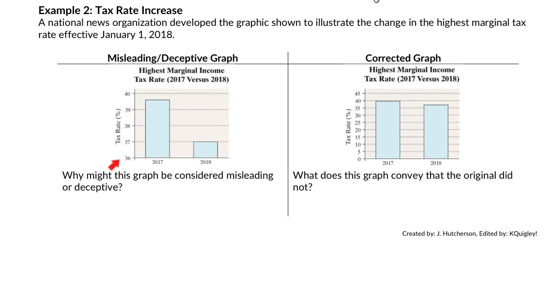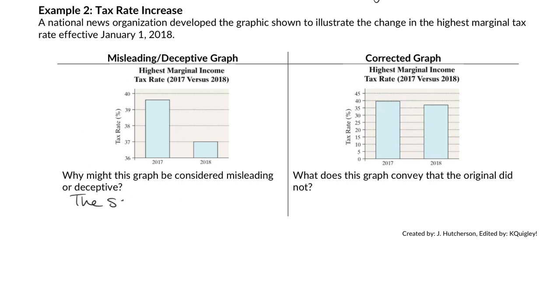Because we're starting off at 36 and then counting by 1, we're seeing a drastic change in these numbers. When in fact, if this was 39.5 and this is at 37, that's only a 2.5% change. Does this look like, to the person who's reading this, a 2.5% change? No. So that is definitely a problem.